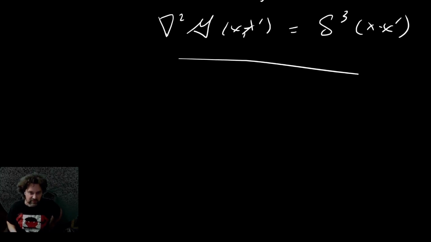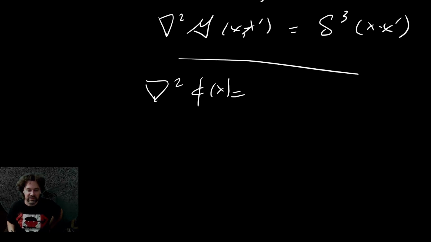So the applications are almost trivial, but let's say electromagnetism. We have the Laplacian of our scalar potential equal to minus rho over epsilon naught.